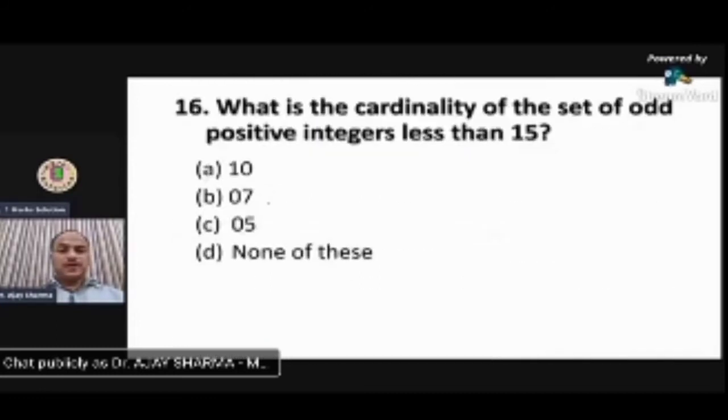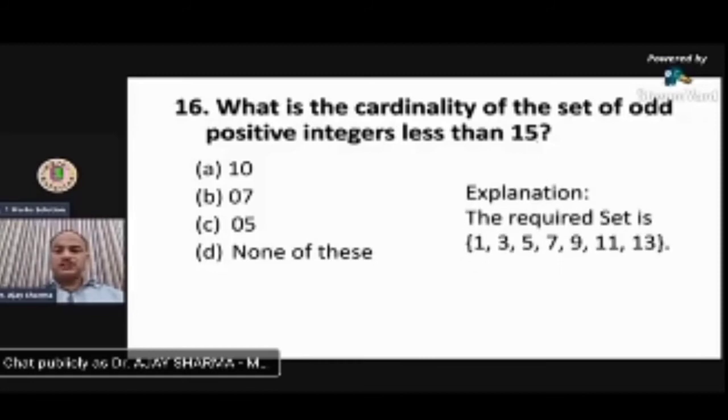Now the 16th question: what is the cardinality of the set of odd positive integers less than 15? We know the odd positive integers less than 15, everyone can figure out, a very easy question. The required elements are 1, 3, 5, 7, 9, 11 and 13.